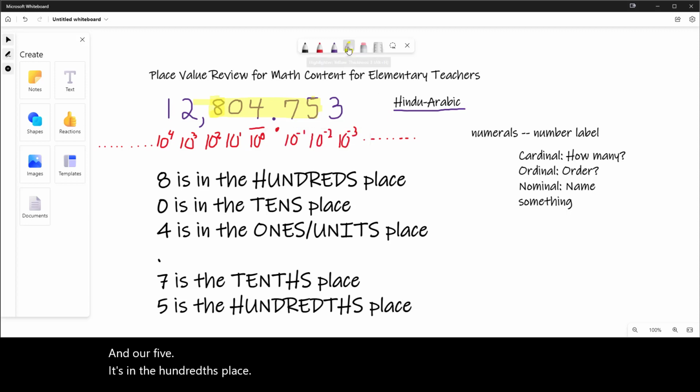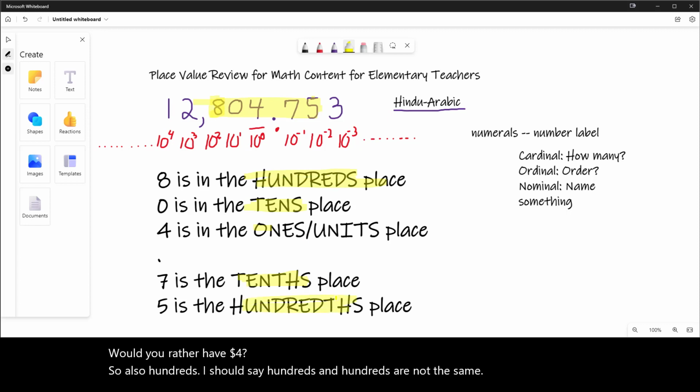It's important that you don't get these mixed up. Tenths is not the same as tens. Would you rather have $10 or 1/10 of a dollar, which would be a dime? Not the same thing. Also hundredths and hundreds are not the same.